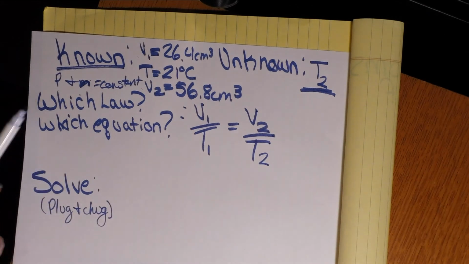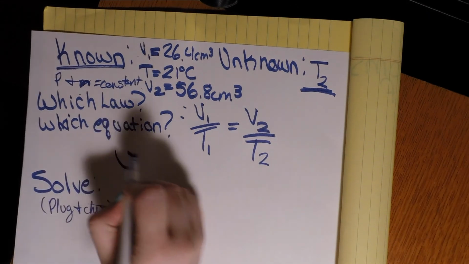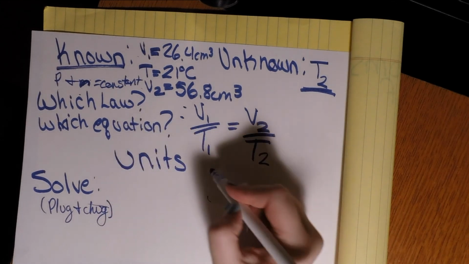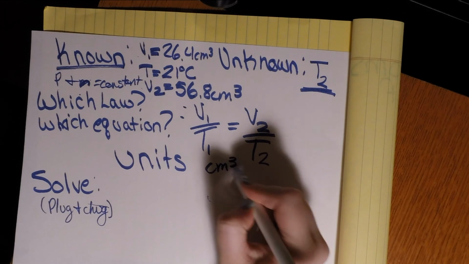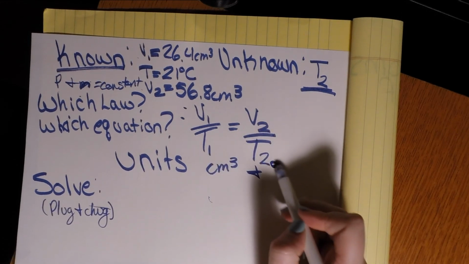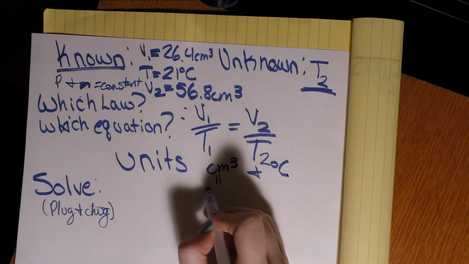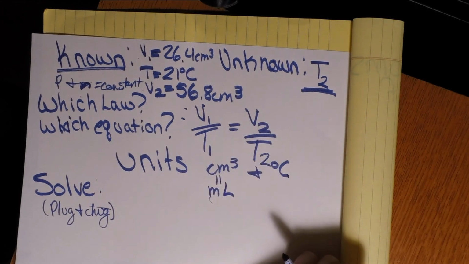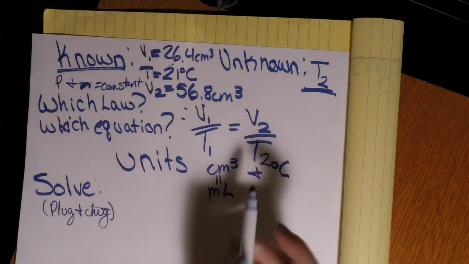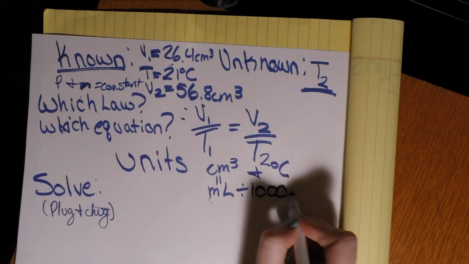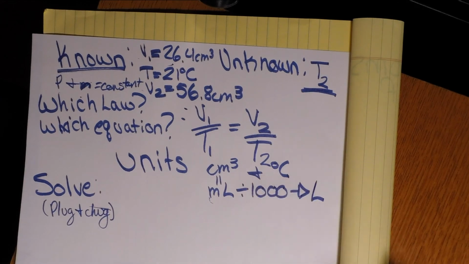The next step that is perhaps not stated here is we need to think about units. Currently we're in centimeters cubed and degrees Celsius. Okay? Centimeters cubed is the same thing as milliliters, so we're going to need to take this number and divide by 1,000 to get to liters.